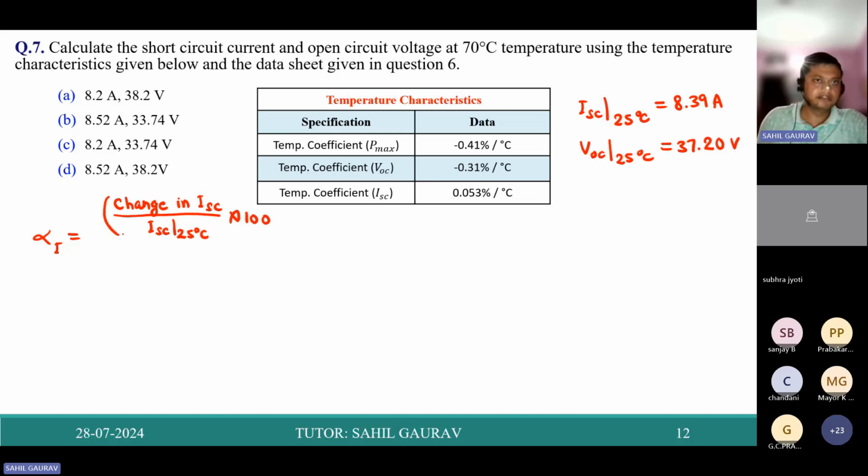So this will be the numerator, upon delta T.